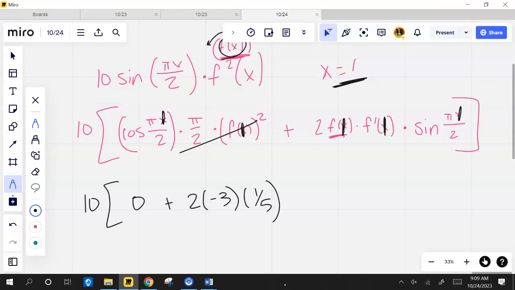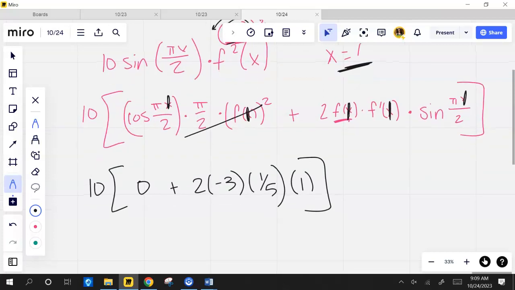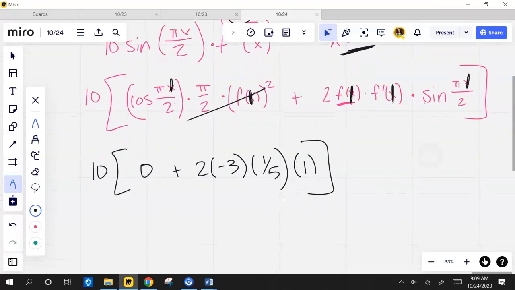And what's the sine of pi over 2? Again, up at the top of the circle. 1. So I've got 10 times -6 over 5, which should be -12.